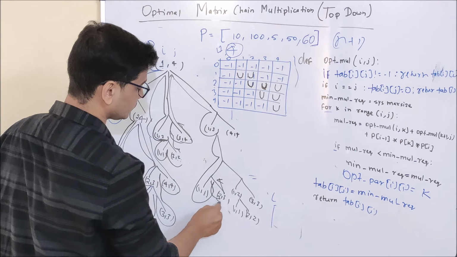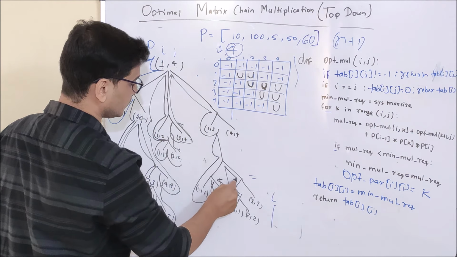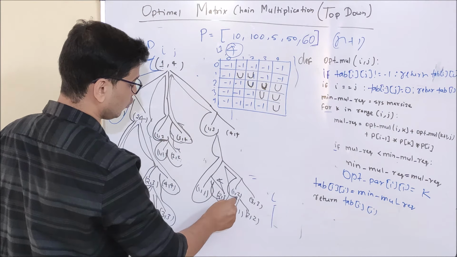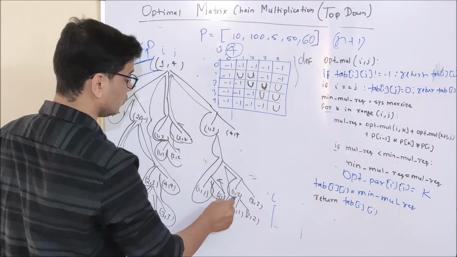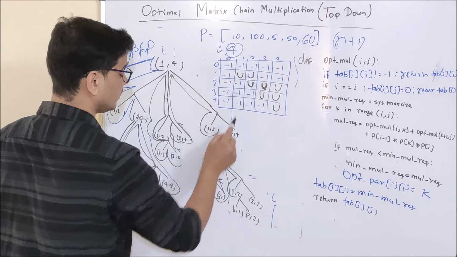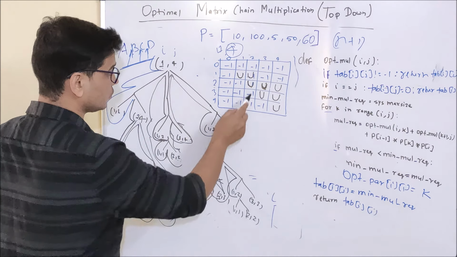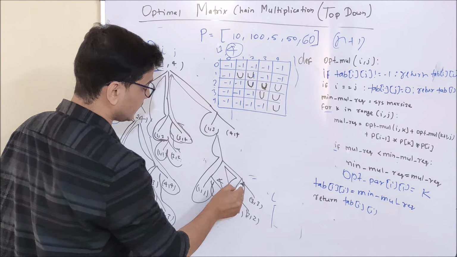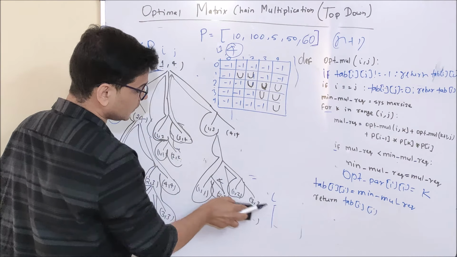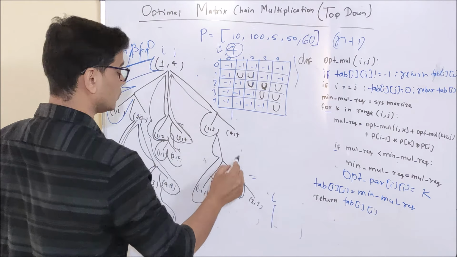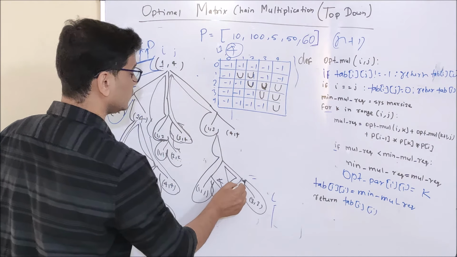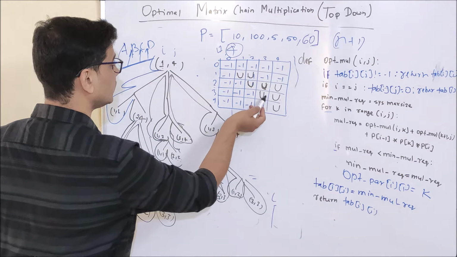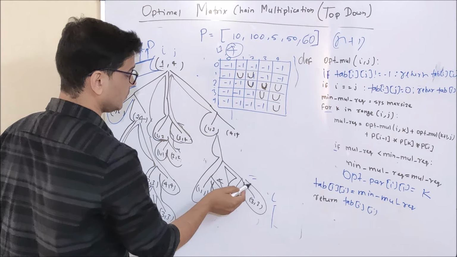Okay, and then 1 comma 3 is going to give a function call to 1 comma 2, and 1 comma 2 will again check in the table whether it has been calculated earlier or not. So as you can see here, it is true, so it has been calculated, and it will return directly from here, and these two function calls will not be made. Okay, then 3 comma 3 is already calculated, so it will return from here.